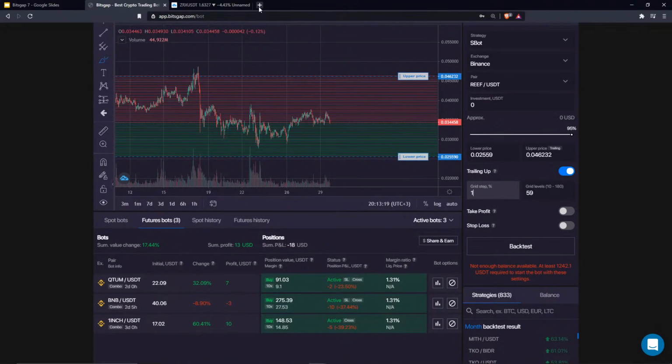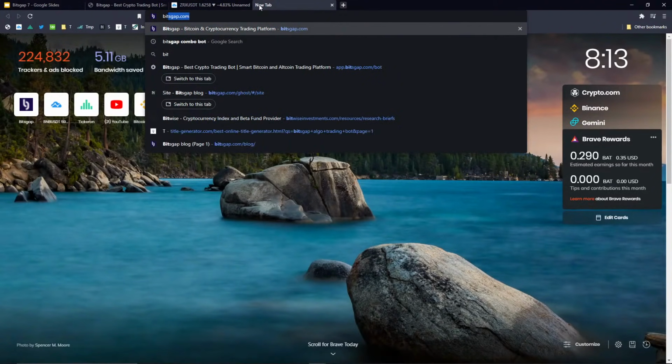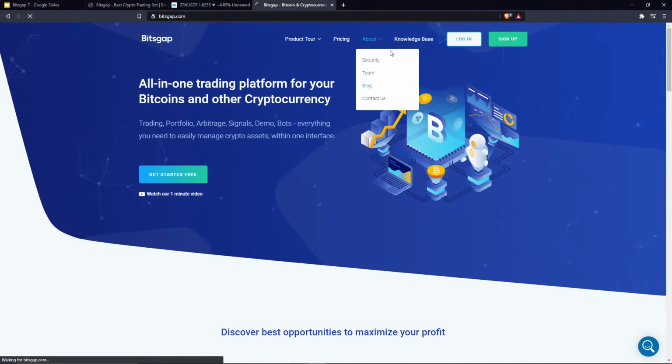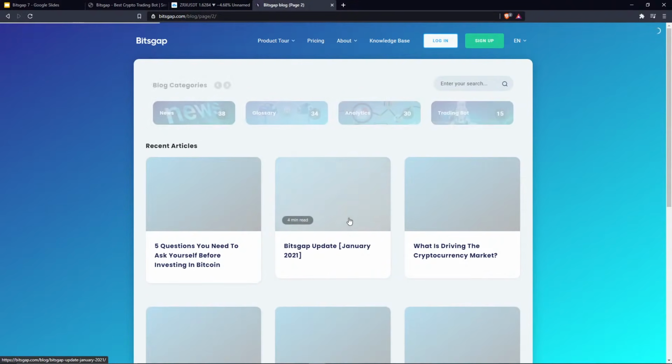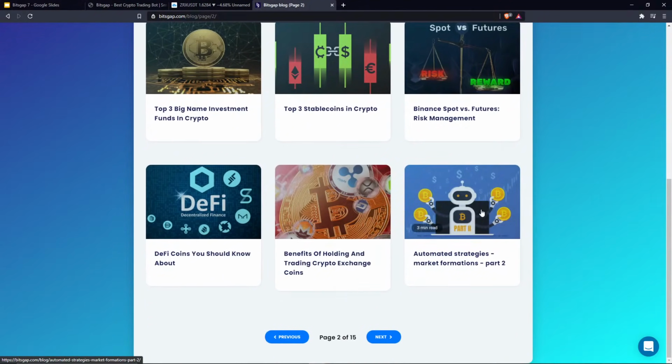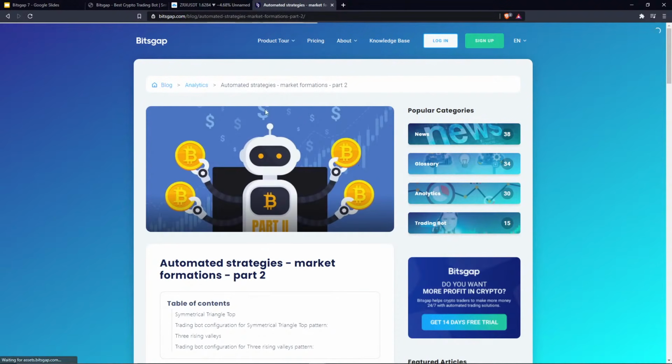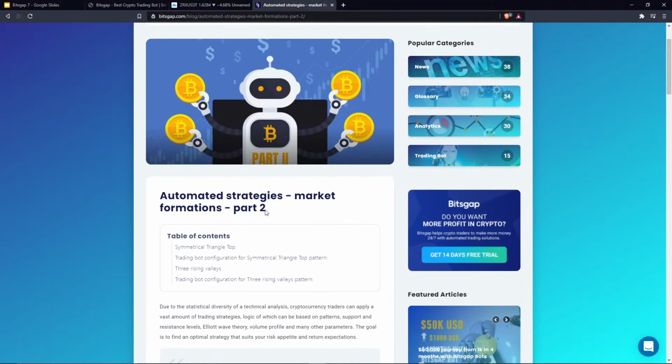And if you are in search for some tips and clues and some ready-made strategies, just go to Bitsgap, and there you will find some ready-made strategies. For example, if you go here, where did I leave it? Yeah, so here it is. For example, that's part 2.